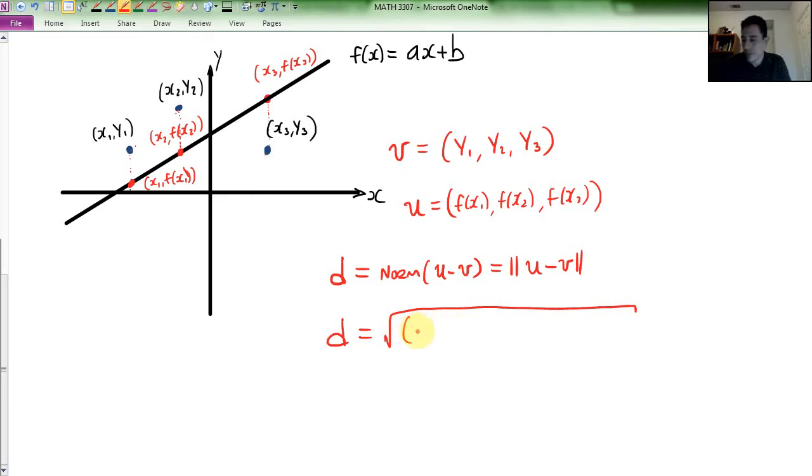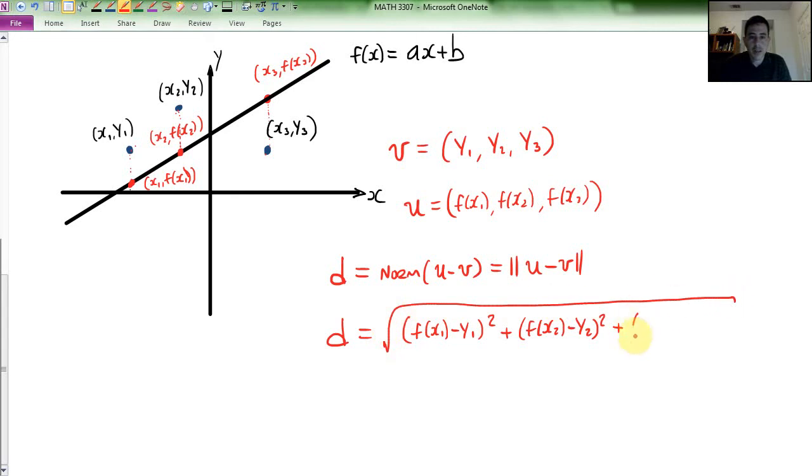It doesn't matter which way we subtract because it's squared anyway. Plus f of x2 minus y2 squared, plus f of x3 minus y3 squared.